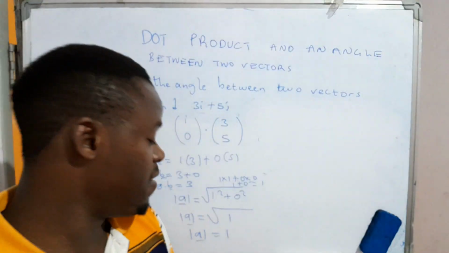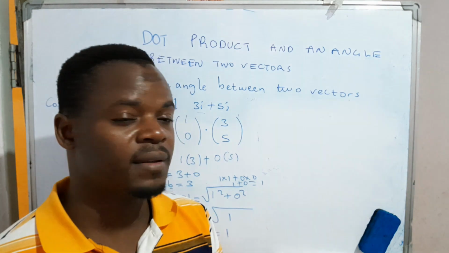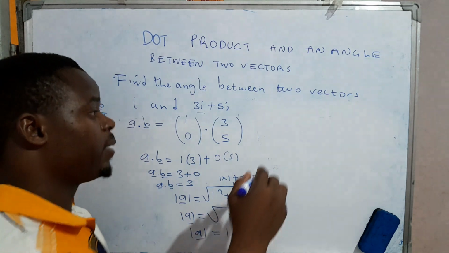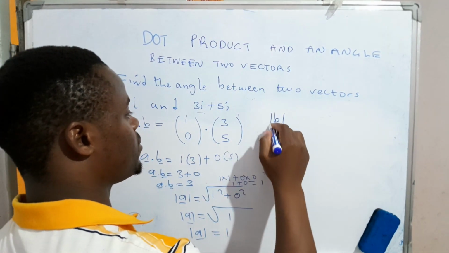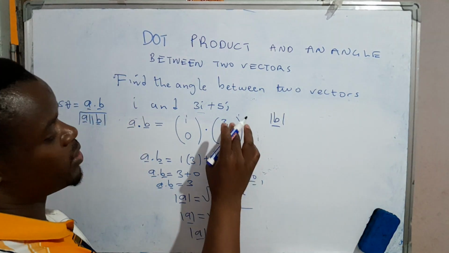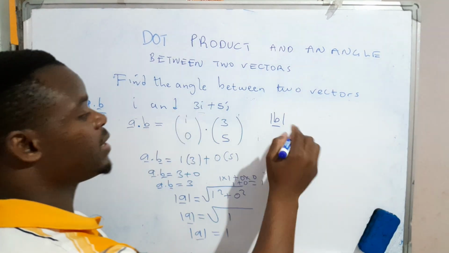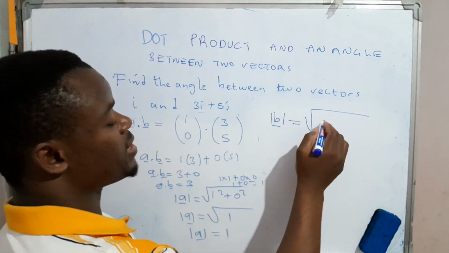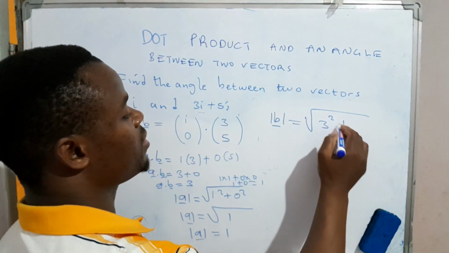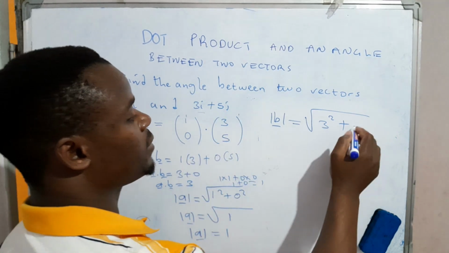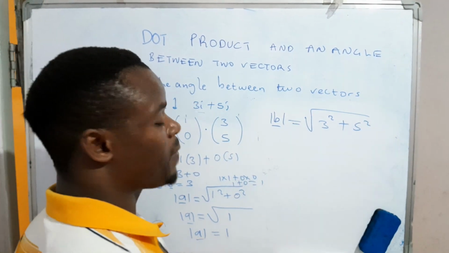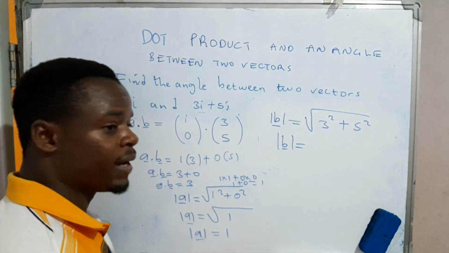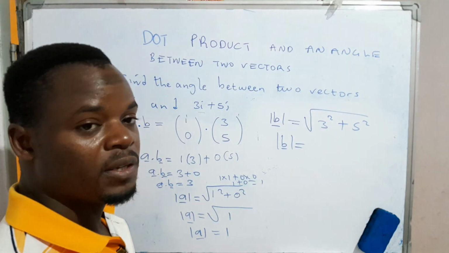Having found the magnitude of vector A, we now have to find the magnitude of vector B. So here we go. Vector B has these components, the i component and the j component. The i component is 3 squared, then the j component is 5 squared. If you haven't seen the video on how to find the magnitude of a vector, you can look for it.